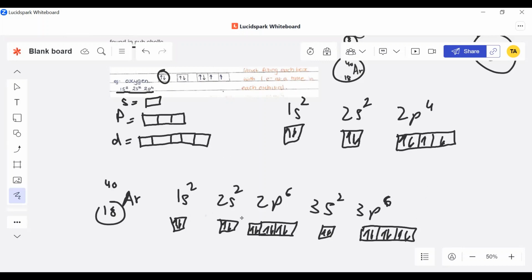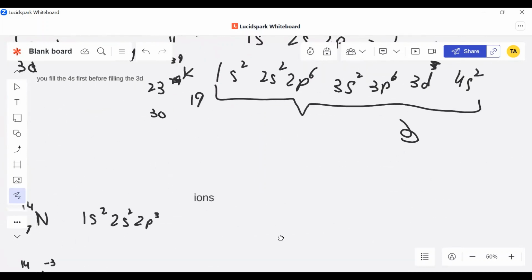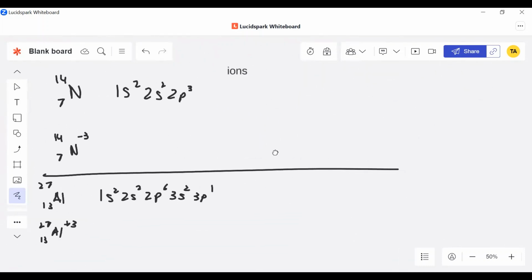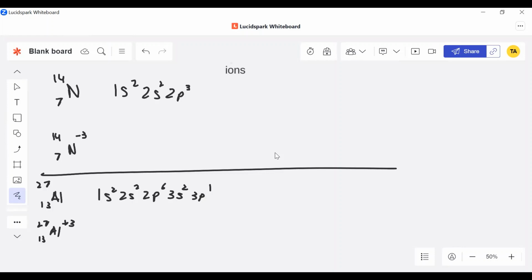So now, is there anything else? Yeah, this is another very important concept known as filling ions. Now, let's say, for example, I had nitrogen, which has 7 electrons. So the electron configuration would be 1s2, 2s2, 2p3.